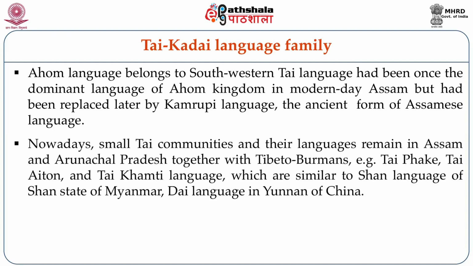And one more is, there is a community called the Thai community who remain in Assam and Arunachal Pradesh. In fact, it is a Tibeto-Burman language, Thai Pake or Thai Ahom, and also the Thai Khamti language, which are similar to the Shan language of Shan state of Myanmar. But the speakers are very few in number.